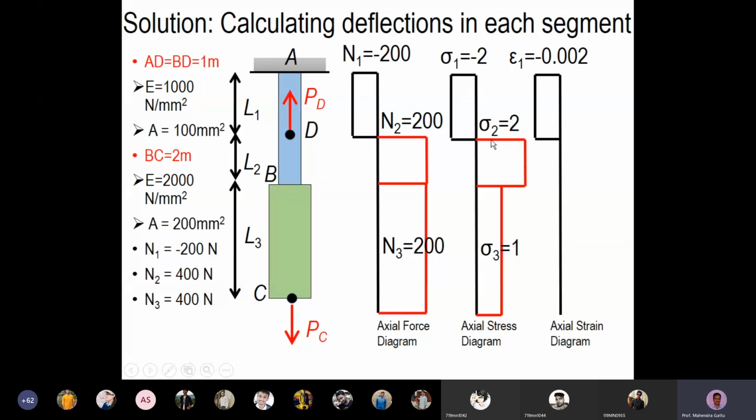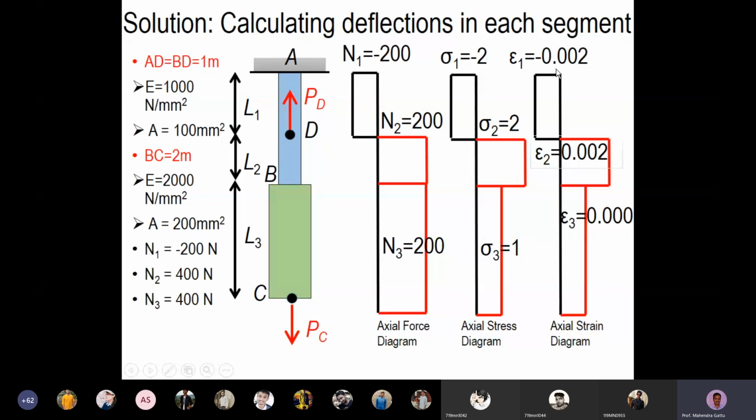Here stress is 2 and E1 is again 1000, so we get a positive strain of 0.002. Here sigma 3 is 1, but the E value is 2000, so we divide 1 by 2000 and get 0.35 by 10 power 4. I think a 5 is missing here, but this is the axial strain in this bar.